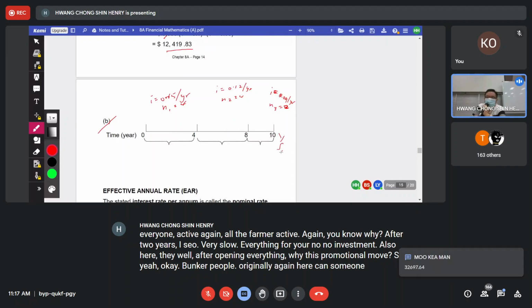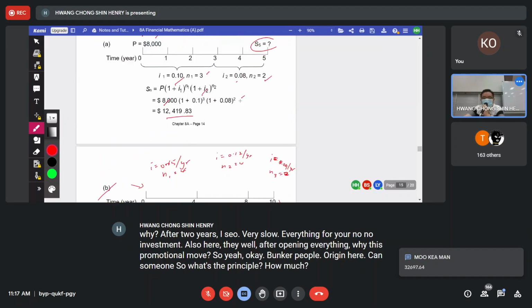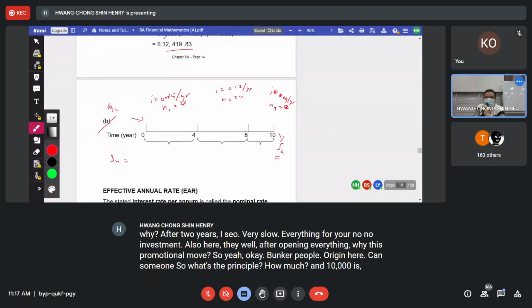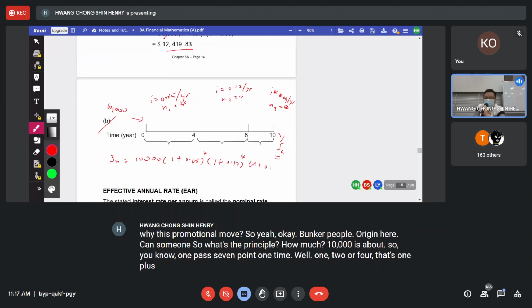Can someone calculate? What's the principal? 10,000 is the principal. So you know what to do? 10,000 times (1 plus 0.15) power 4 times (1 plus 0.12) power 4 times (1 plus 0.09) power 2.